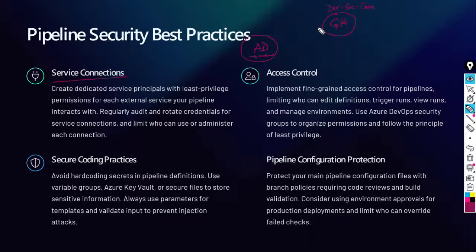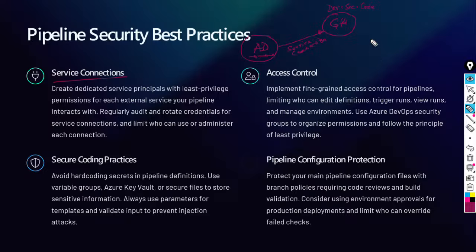So you have to fetch it and integrate it on the pipeline. So what you need is a secured connection. All this is called the service connection. And this is very secured because it is provided by Azure DevOps. And it is very simple to get this service connection established between the Azure DevOps pipeline and GitHub.